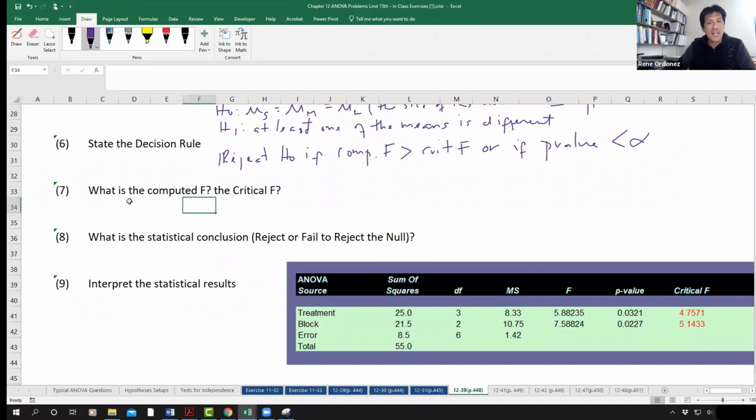So as far as what is the computed F? So for the treatment, which is the color of the ad, the computed F is equal to, so here's the treatment, the computed F is this, 5.88235.